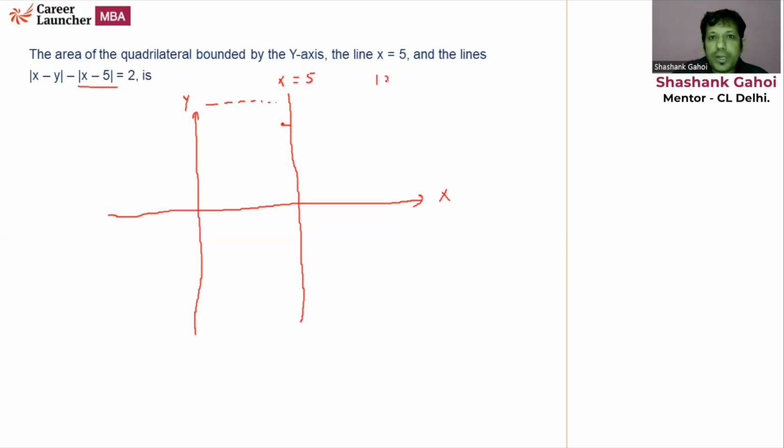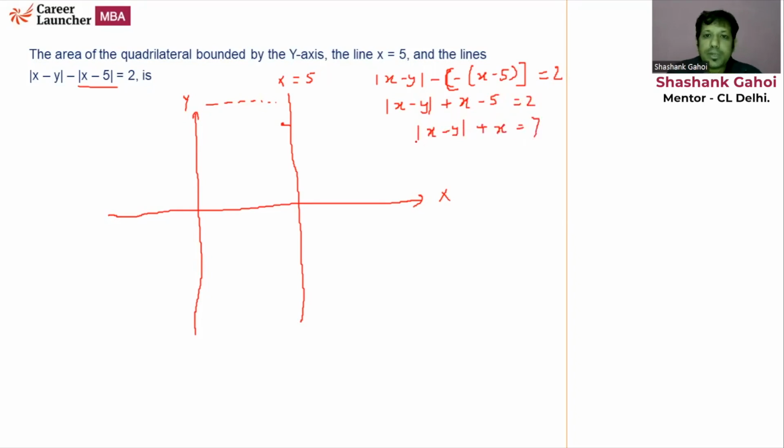So I am going to get mod of x minus y minus negative of x minus 5. Because when the value is negative in mod, it opens with a negative sign. Okay, so that is going to be 2. So I can say mod of x minus y plus x minus 5, and that's equal to 2. So mod of x minus y plus x is equal to 7.